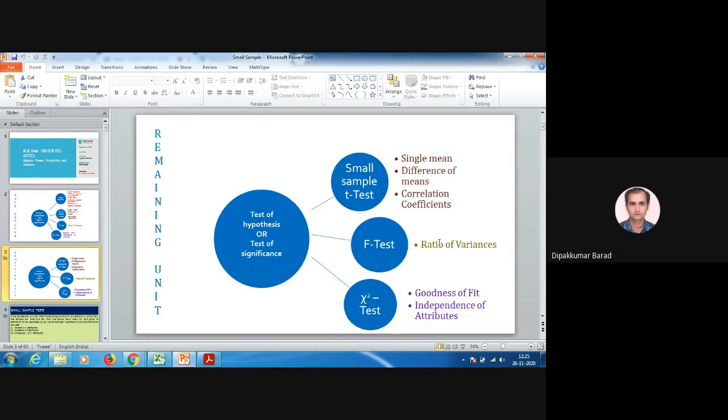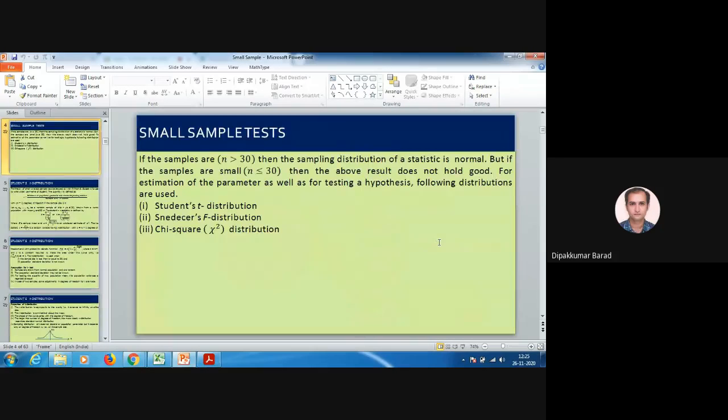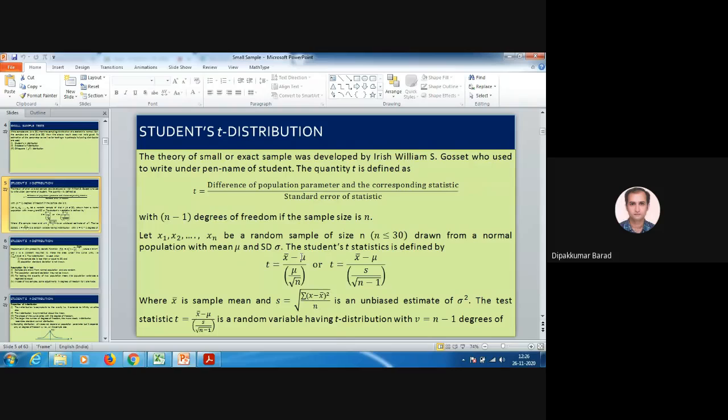These are the remaining units. So for small samples, we have three different tests: Student's t distribution, Snedecor's F distribution, and chi-square distribution. These three tests we are going to discuss. The first one is Student's t distribution.